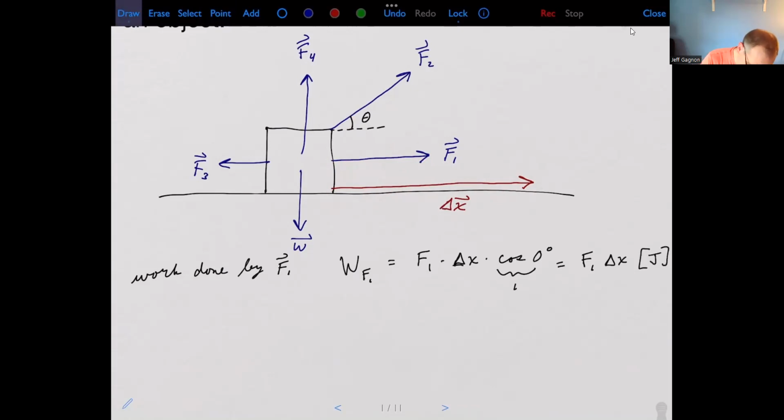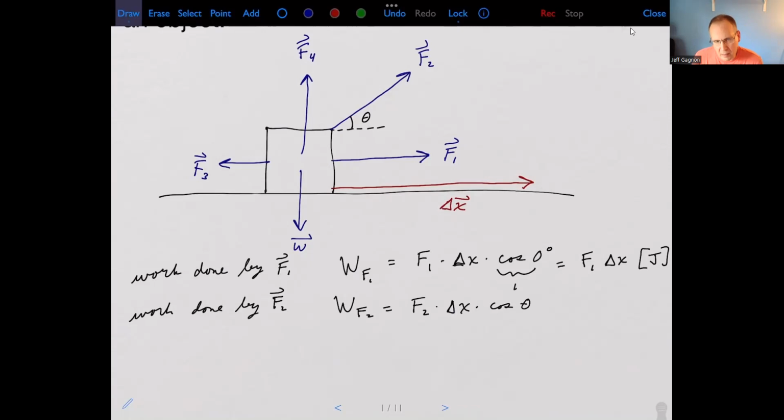Okay, what about the work done by F2? So this will be WF2. Well, that's going to be F2, right? That magnitude times the displacement times cosine of the angle theta, right?